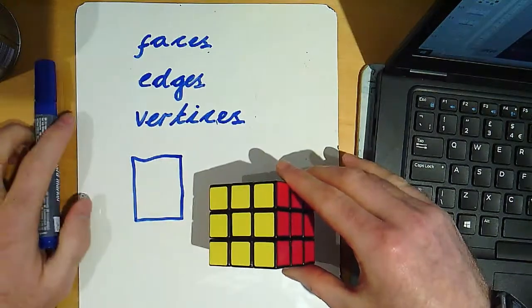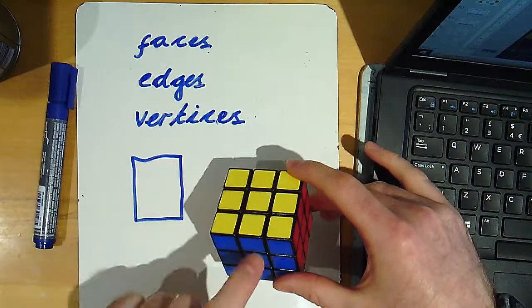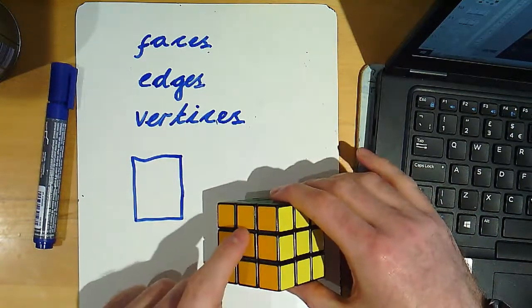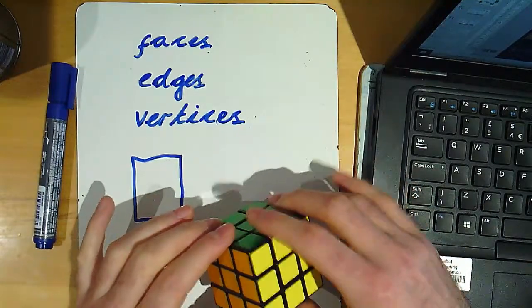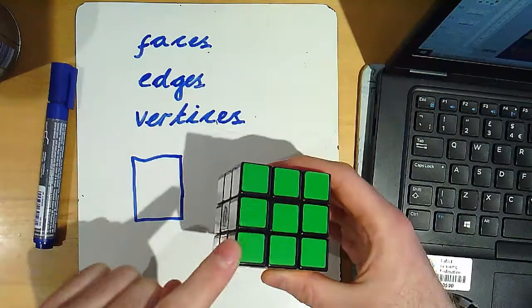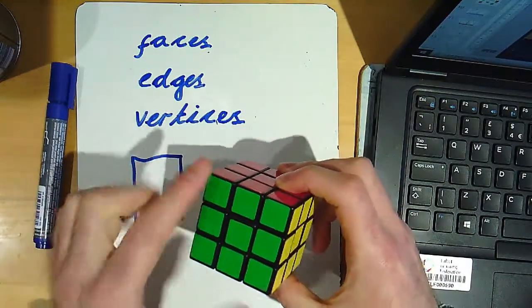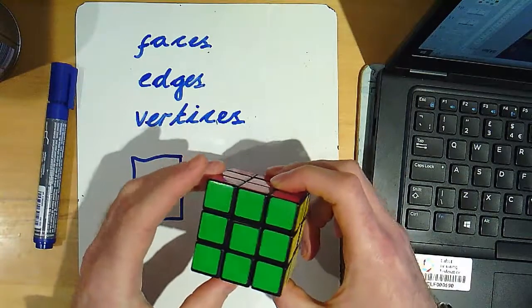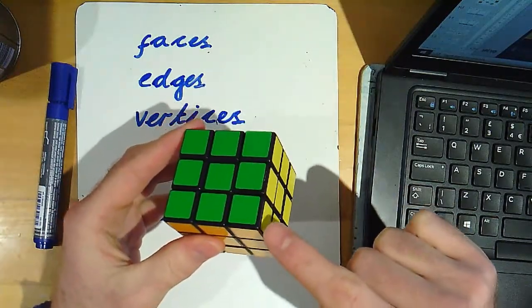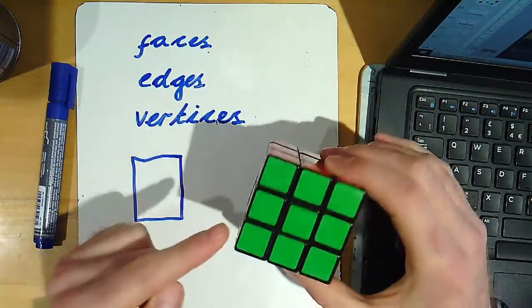I can see I've got another edge here running down that joins the yellow and the blue faces together. And I've got another one over here joining the orange and the yellow. In fact, on a cube, I have 1, 2, 3, 4 edges running along this side. And then another 4 edges running down, 1, 2, 3, 4.